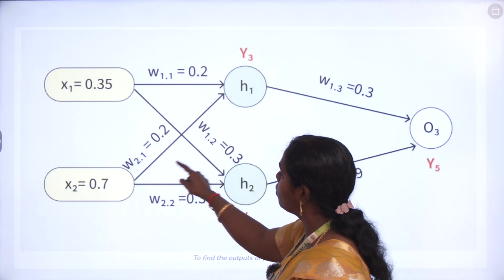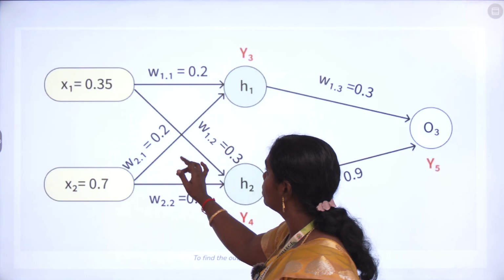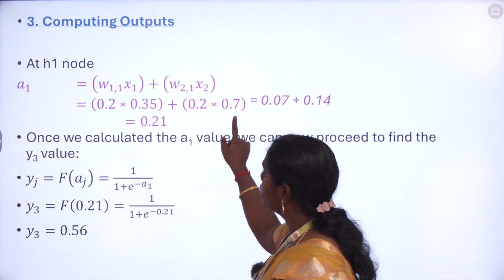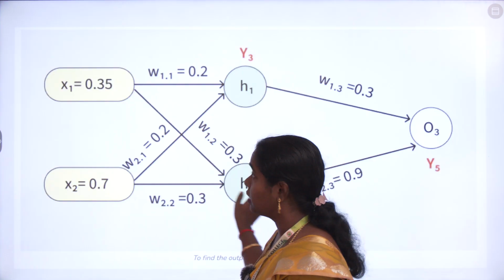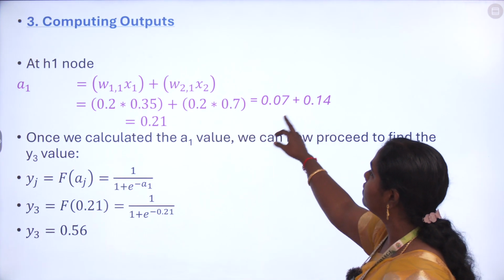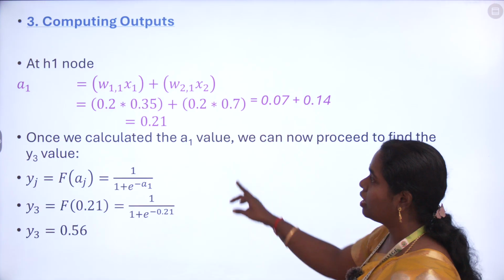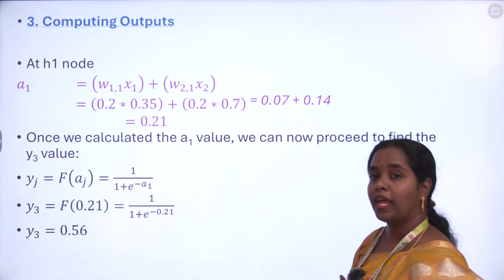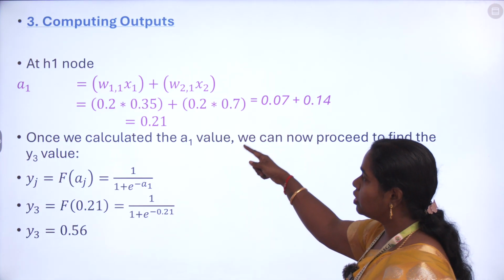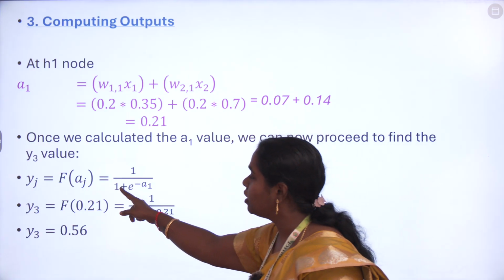Here what is 2,1? It is 0.2, 0.2 into X2. X2 is 0.7. And finally we will get the value of A1. We have to find H2 like that. Before that, you need to apply the sigmoid function.